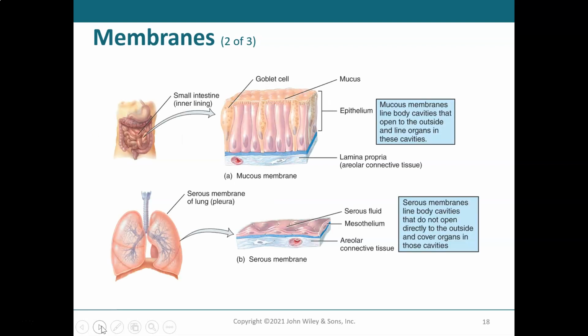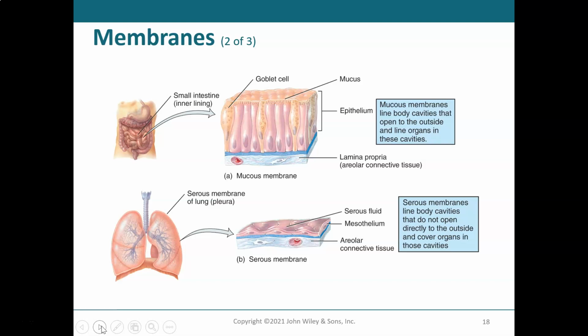So here we can see two different iterations of membranes. On the uppermost, we have the presentation of mucous membranes in the small intestine. Conversely, below that we have serous membranes of the lung with the different layers.